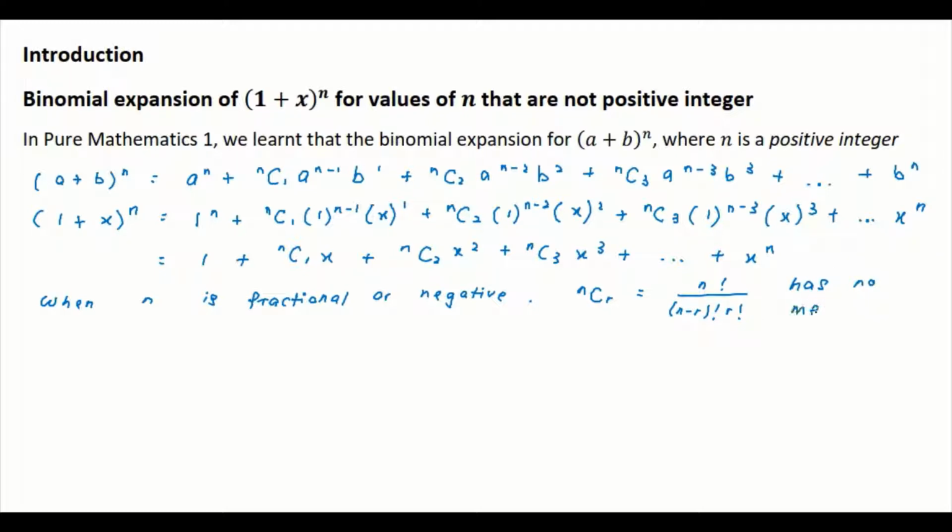Okay, so what we will try to do here is, from the formula itself, instead of using nCr, can we try to further simplify this? Let's look at that.